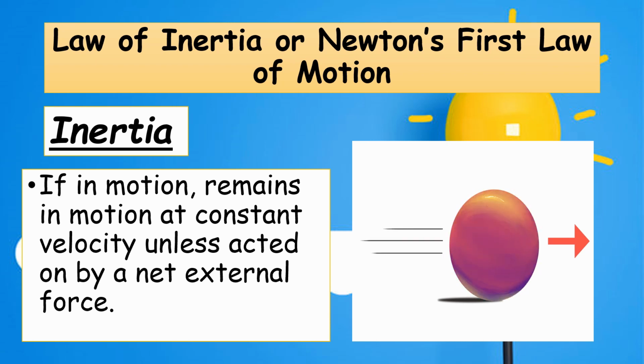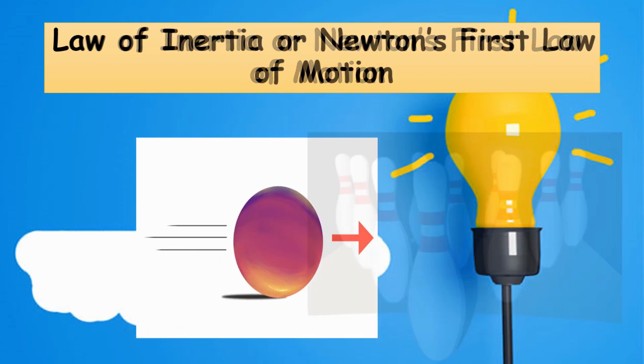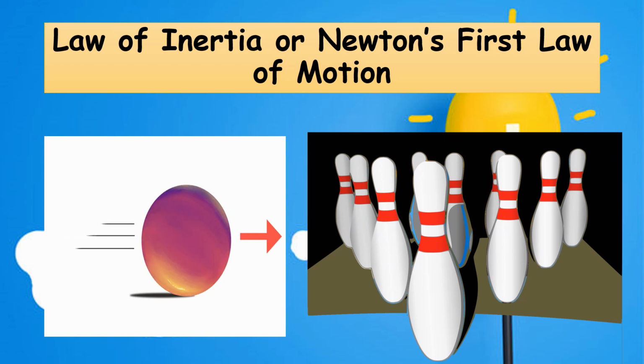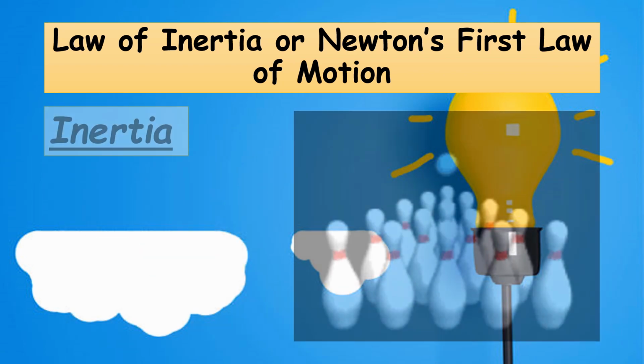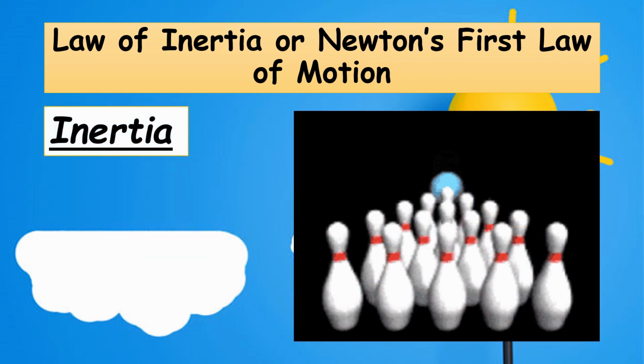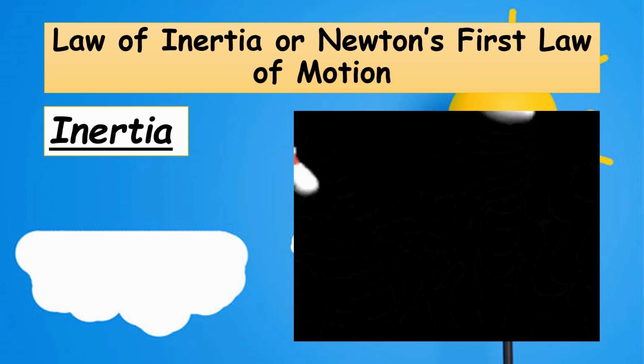Ngayon, samahin natin yung object na gumagalaw at yung object na hindi gumagalaw. Anong mangyayari pag tumama yung bola na gumagalaw doon sa bowling pins na hindi gumagalaw? So, tignan nyo yung nasa larawan or yung video.